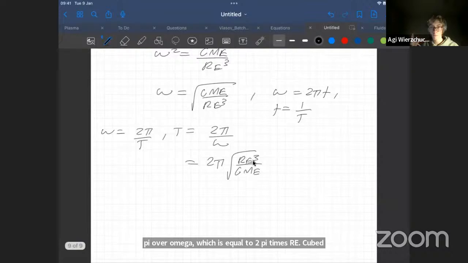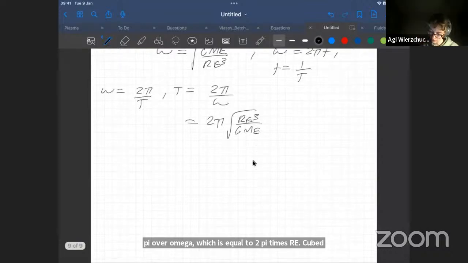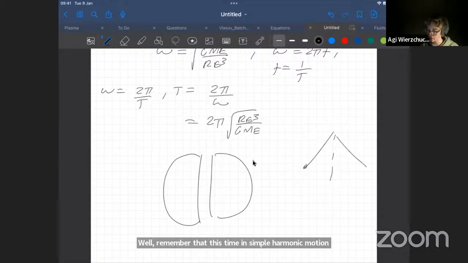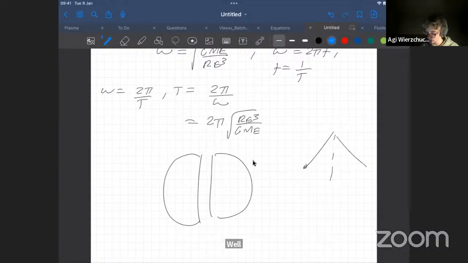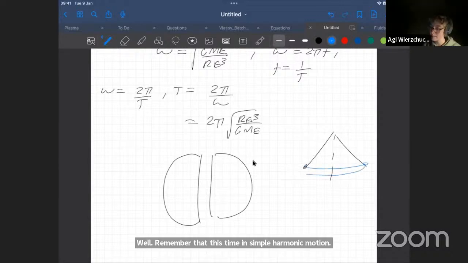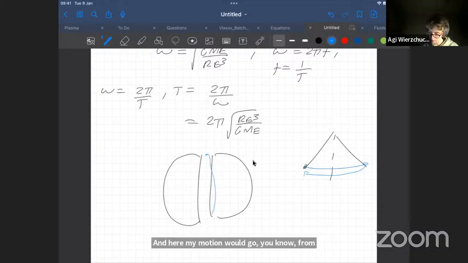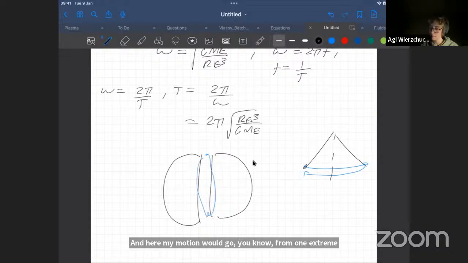So now what's the time for me to go from the top of my tunnel to the bottom of my tunnel? Remember that in simple harmonic motion, if I just have a bob on a spring, this time period is the time that it takes for you to go from one extreme all the way to the other extreme and back. And here my motion would go from one extreme to the bottom and back, which means that the time I've just written down is how long it's going to take me to go from the top of the Earth to the bottom of the Earth and then back to the top.